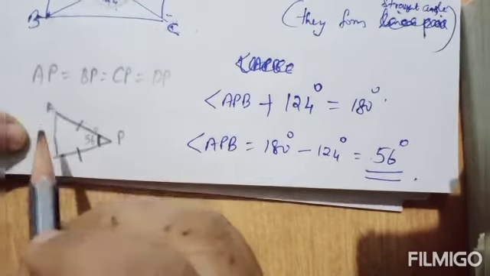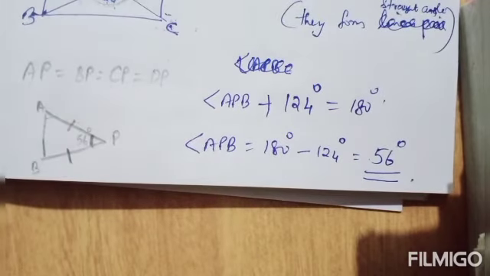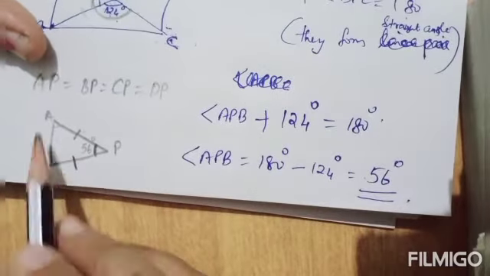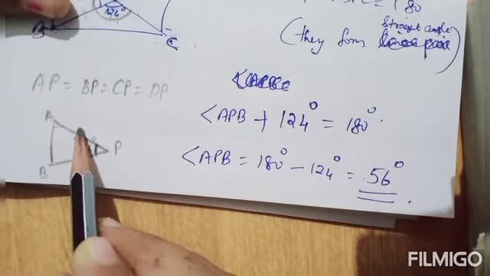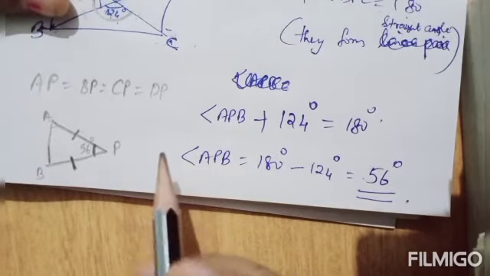We have to find this angle BAP. Now what is the property of an isosceles triangle? In an isosceles triangle, the angles opposite to equal sides are also equal.